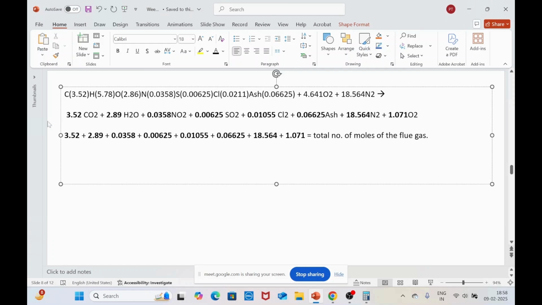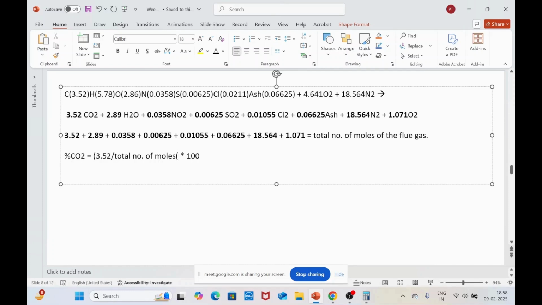Then to find out the percentage of each, let's say for example CO2, you need to take the respective stoichiometric coefficient or the moles for that particular gas, and then divide it by the total number of moles. So 3.52 divided by total number of moles, times 100 will give the percentage of CO2 in the flue gas.